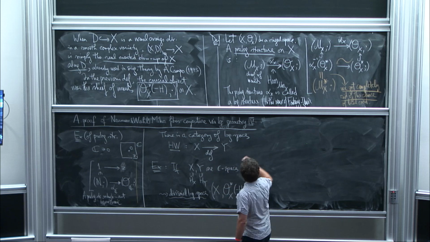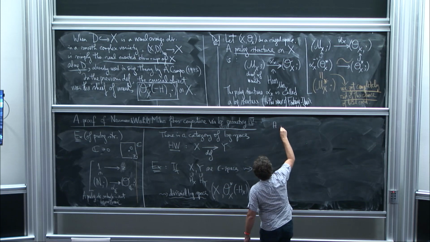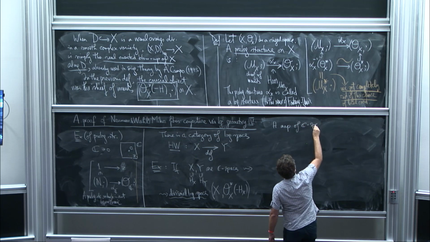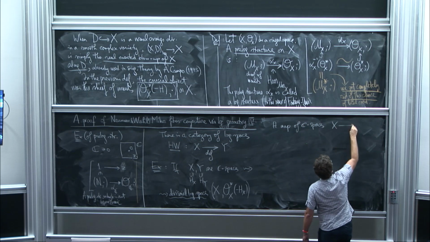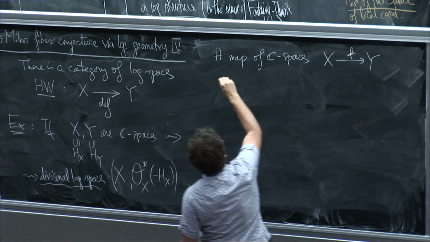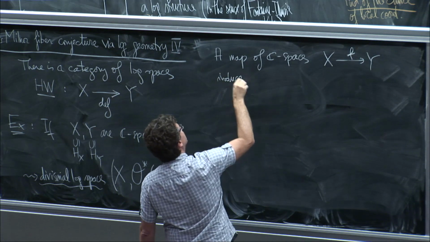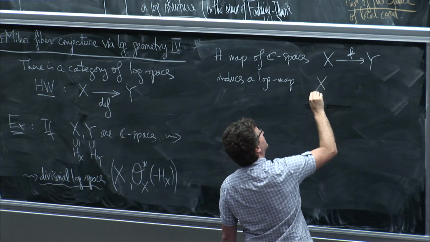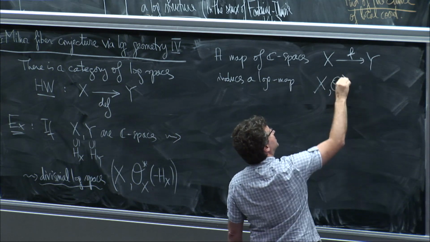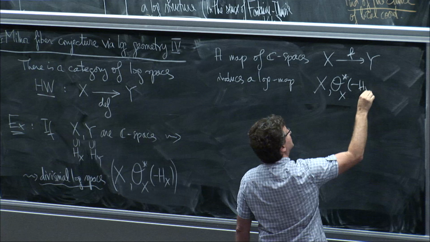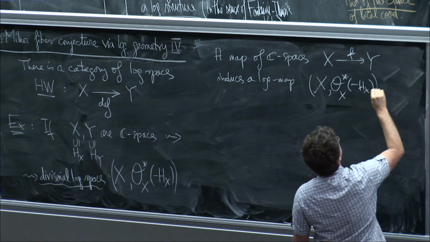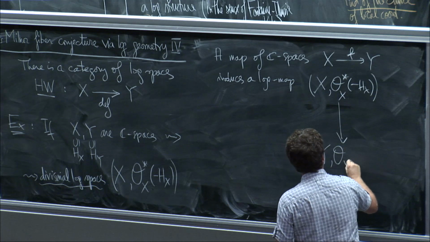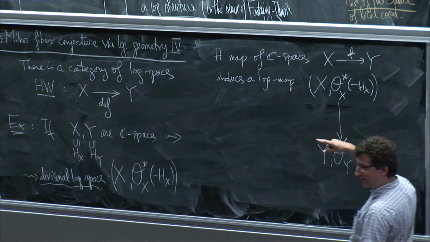And now, a map of complex spaces from X to Y, f, induces a log map from this to the analog for Y by pullback of functions.